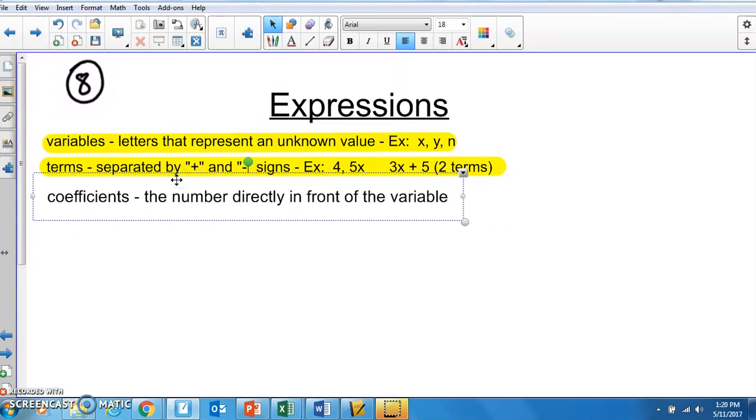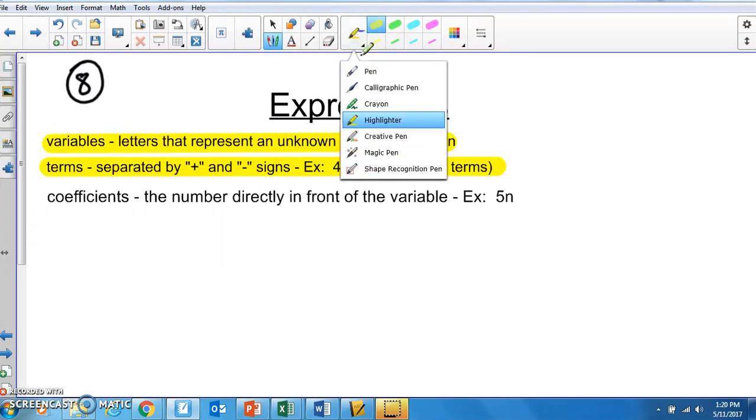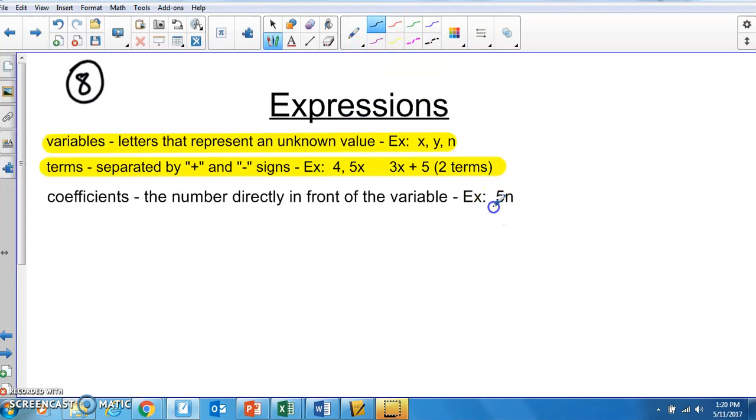I shouldn't say numbers because it's only one thing. An example here would be 5n. Our coefficient in this case would be just that 5. So let me highlight this: coefficients are the number directly in front of the variable.